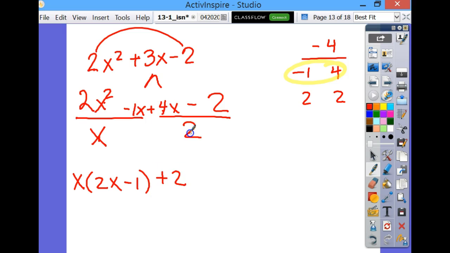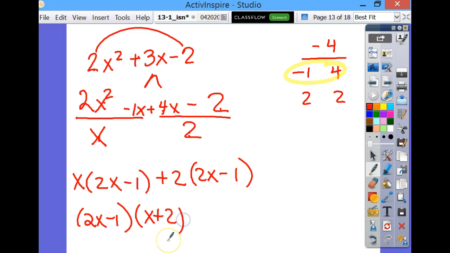Factor out a 2. 4 divided by 2 is 2x. 2 divided by 2 is 1. If you've done this correctly, at this time you have a common term. The 2x minus 1 is the common term. See down there twice? x plus 2 is the next term.